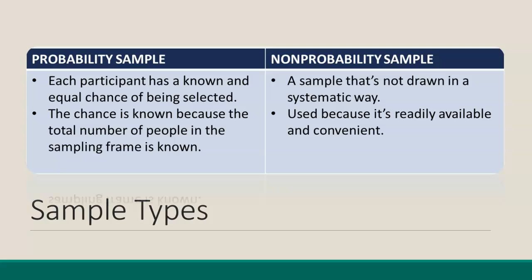So people who are outside of grocery stores saying, hey, do you want to answer this survey about drunk driving or drugs and alcohol? Then they give you this questionnaire or survey, or they even ask you the questions and write down your responses. That would be a non-probability sample because they're trying to get it done fast and it's not systematic.